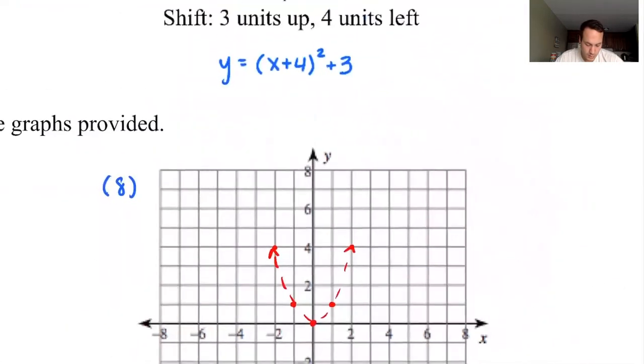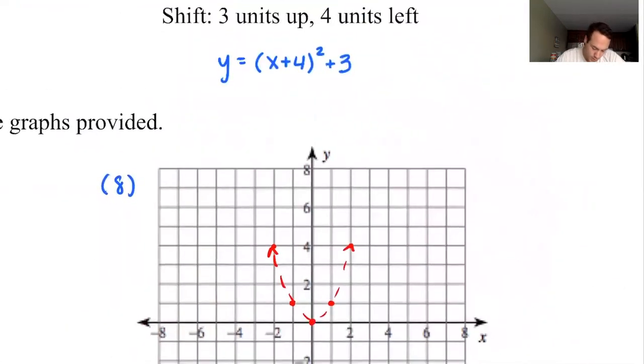So 3 units up, 1, 2, 3, and 4 left, 1, 2, 3, 4. Good. This one's right there.